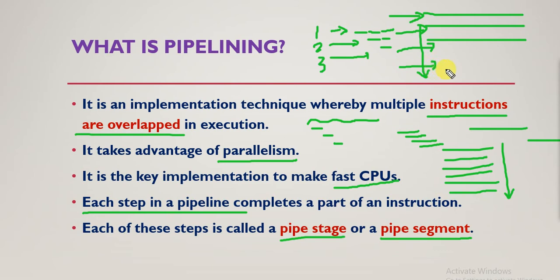Then fourth stage, what is the status of all the instructions? So we can clearly understand that initially only the first instruction will be in the pipe stage, but from the next clock cycle, we are actually considering the clock cycle of a computer system for performing the different stages of this pipelining mechanism.